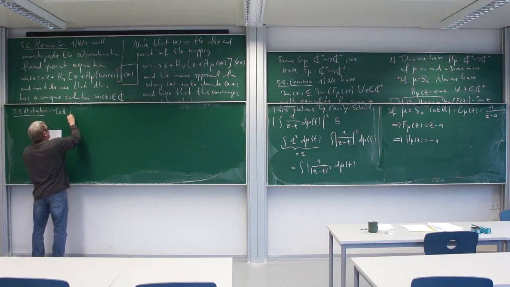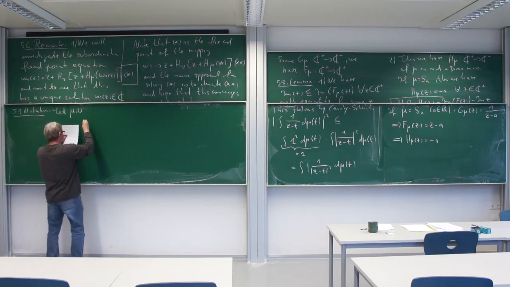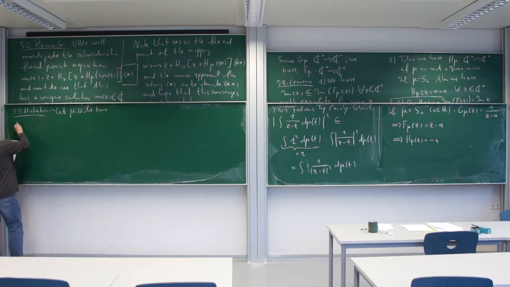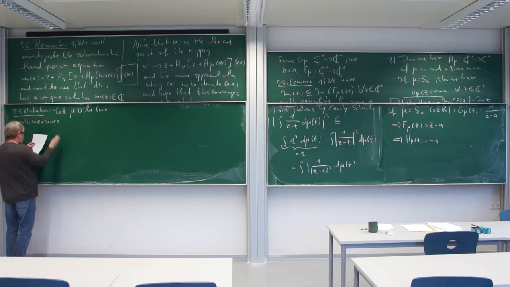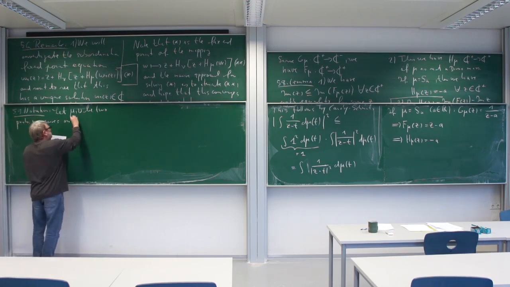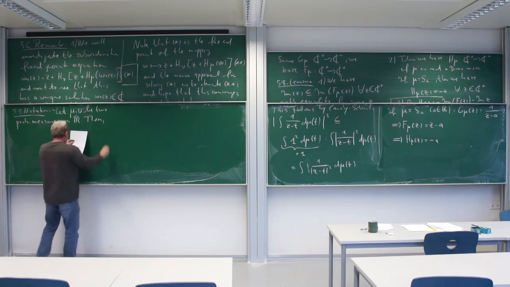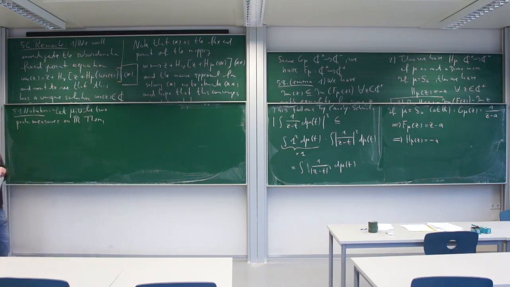So we have now two measures, mu and nu, two probability measures on R. And then we want to consider now the function which gives us our iterations. So the right hand side of our fixed point equation.